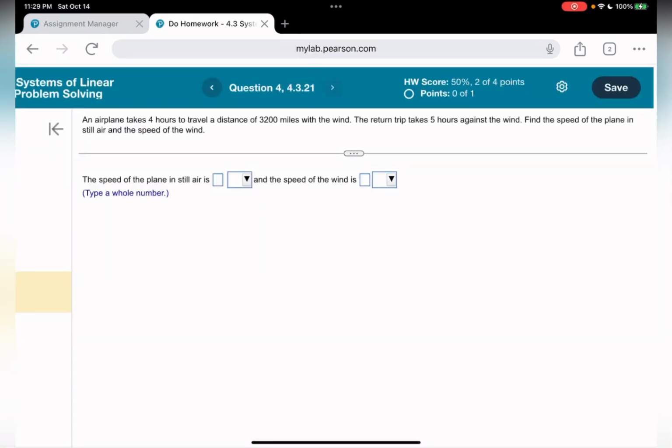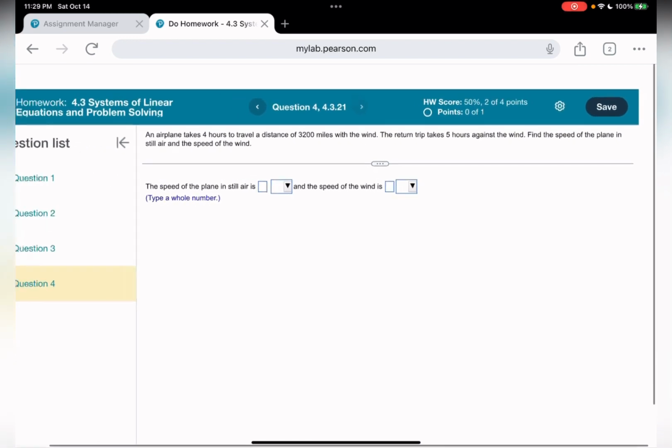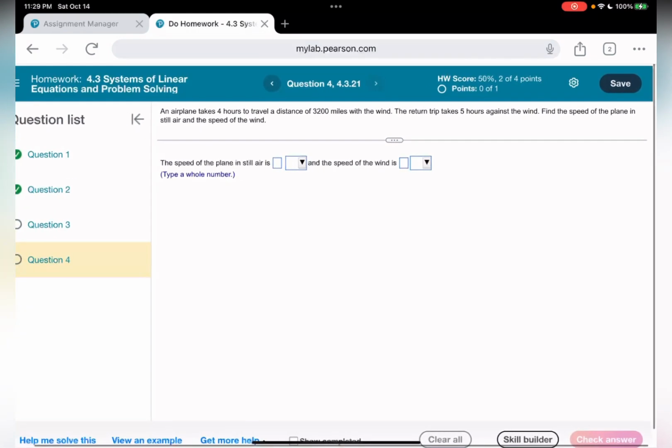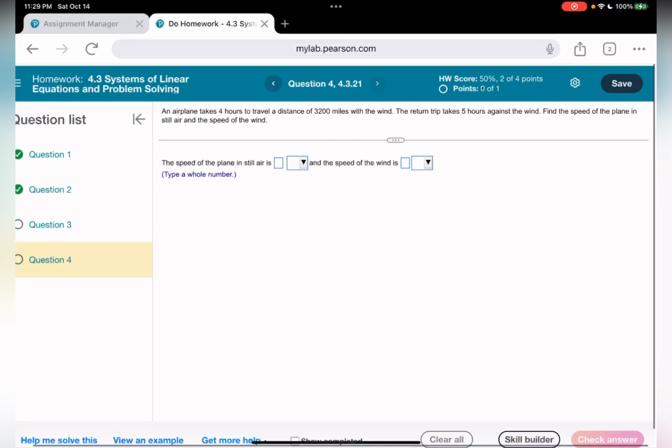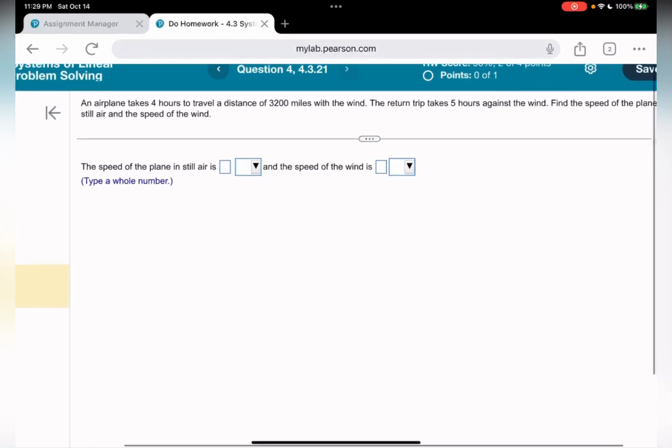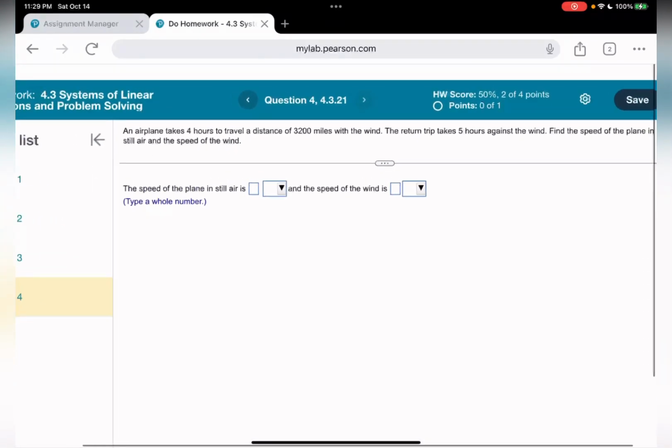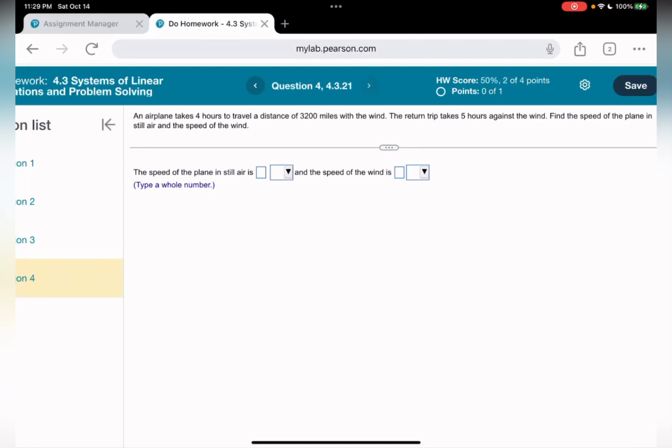And question number 4.3. What do we have here? An airplane takes 4 hours to travel a distance of 3,200 miles with the wind.